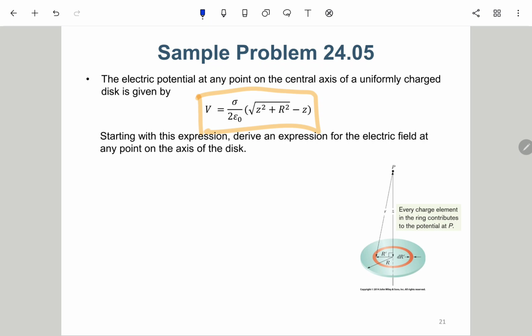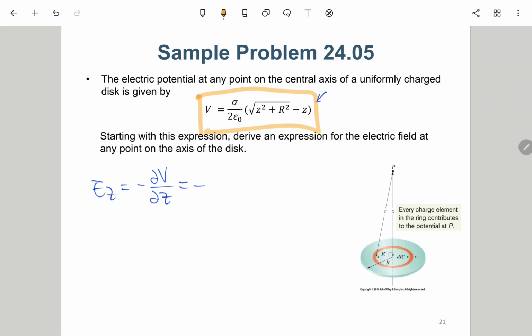The idea is we can just take the derivative, which means that Ez will be the negative partial V partial Z. This one is only a function of Z, not related to X, Y, so you can actually write it as dV/dZ.